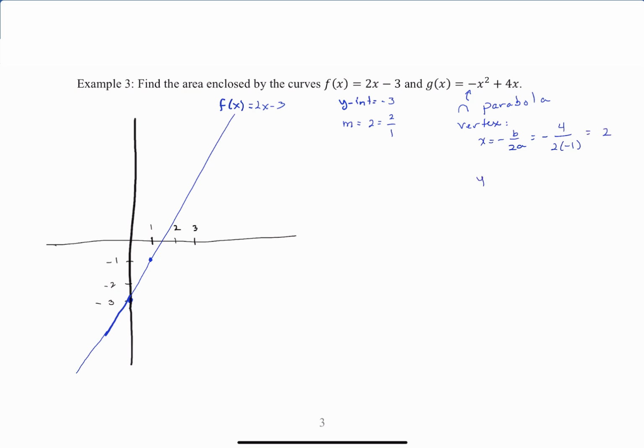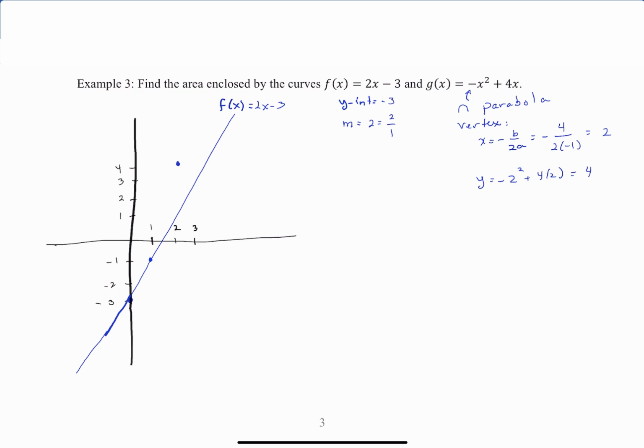To get the y-coordinate, we just plug that in to the function formula. So I'm going to have minus 2 squared plus 4 times 2, which is negative 4 plus 8, which is 4. So the vertex is at the point 2, 4. There. And it's going to be an upside down U because it's opening downwards, we said.